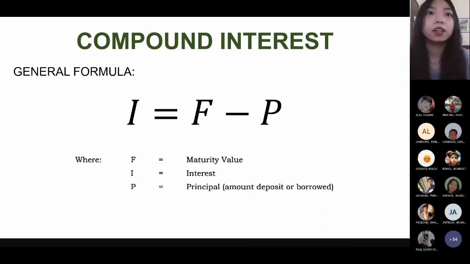Yung I is generally the compound interest, and P is the principal amount o yung mismong amount na hiniram mo or yung i-deposit mo, ininvest mo. Ayan. So this is our first formula for this topic, I that is equal to F minus P.